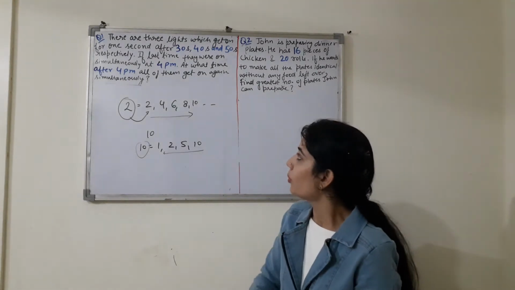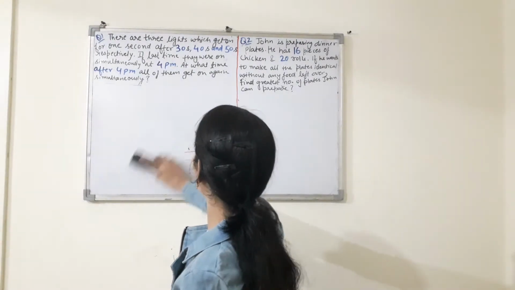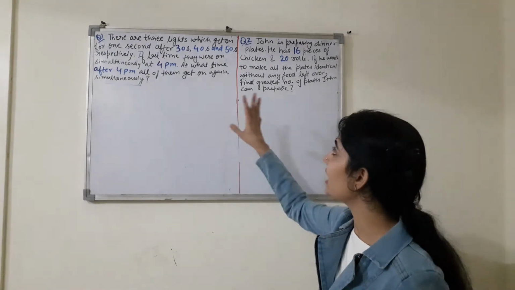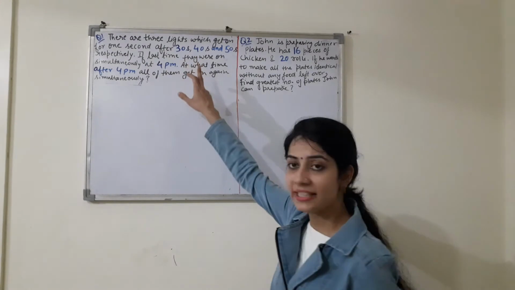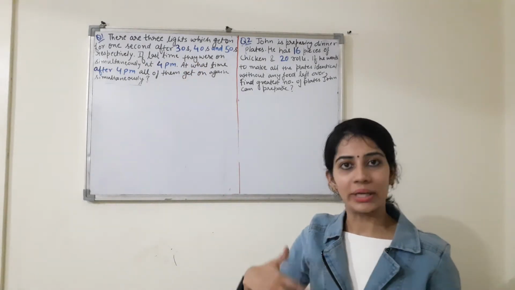So now move on to the questions. In our first question, it is written that we have 3 lights, and these 3 lights get on for 1 second after 30 seconds, 40 seconds and 50 seconds respectively. What does it mean?